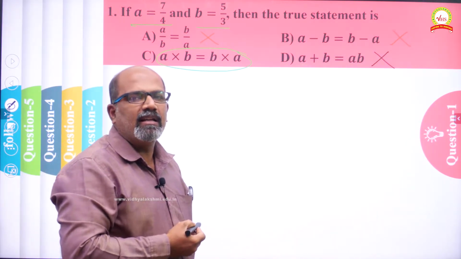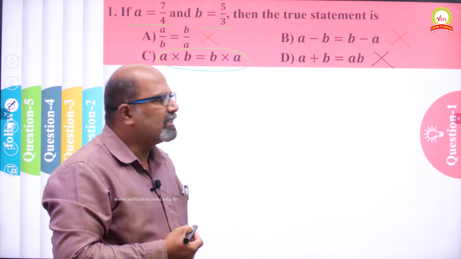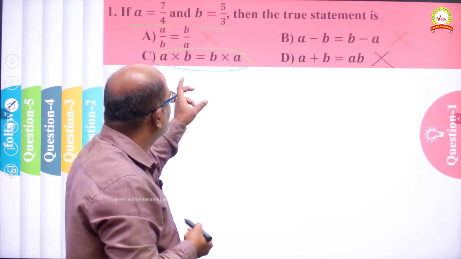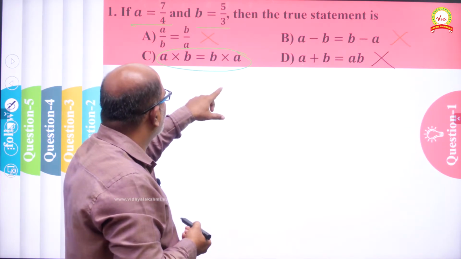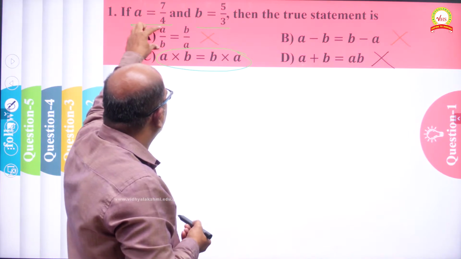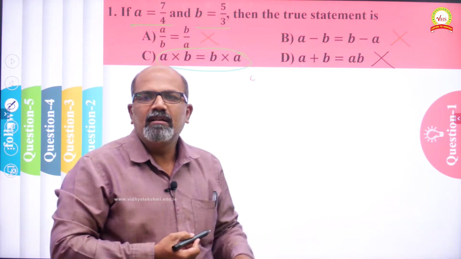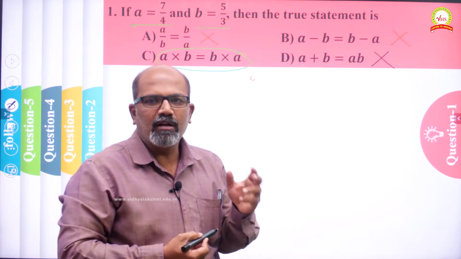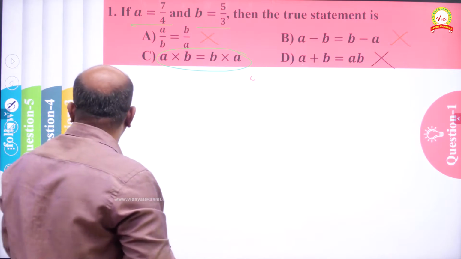There is no necessity to calculate here, because you all know that rational numbers always undergo the commutative property of multiplication, whereas the commutative properties of division and subtraction will not hold good in the case of rational numbers. So you have to understand that.